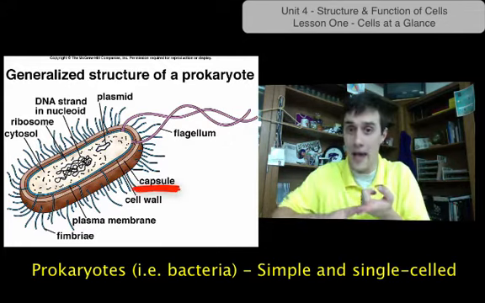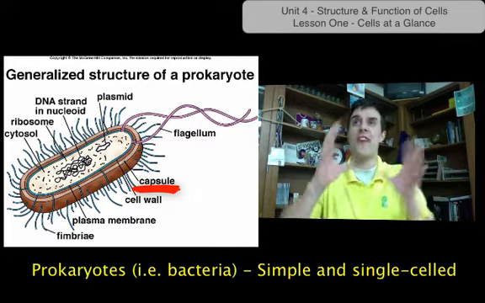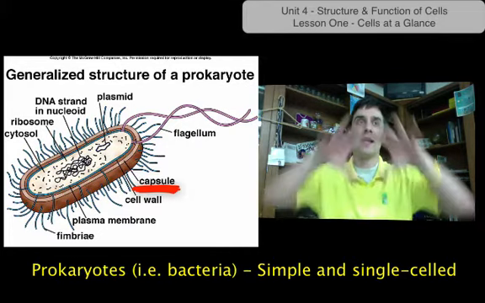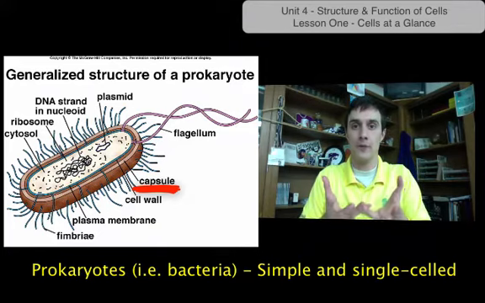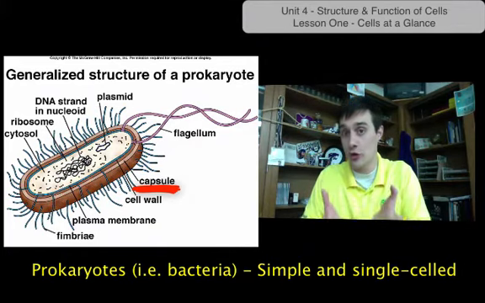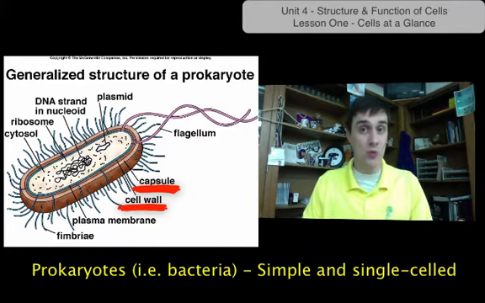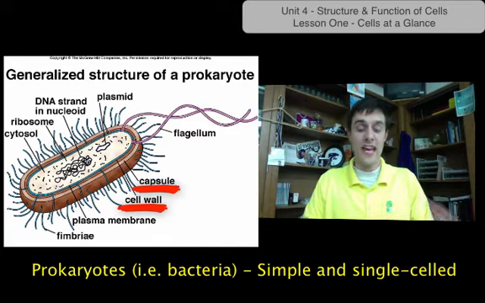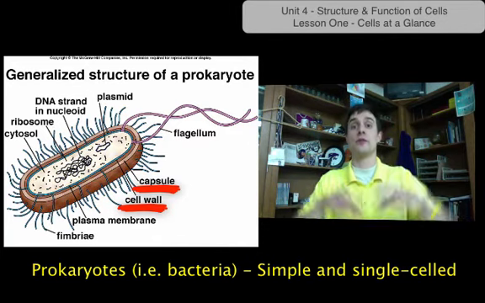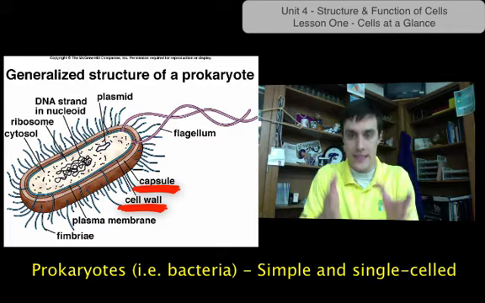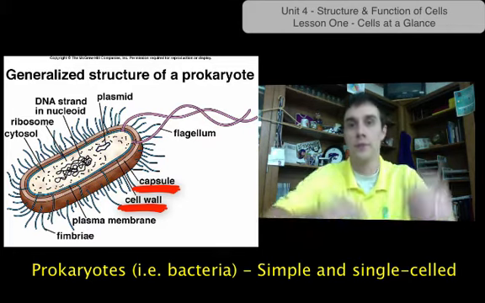You could have what we call a capsule, which is typically a fat and sugar-based encasement around the cell to help aid in structure and protection. You could have a cell wall, a cellulose concentrated material that surrounds the cell membrane to again aid in structure and protection.